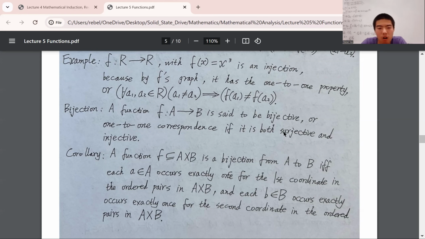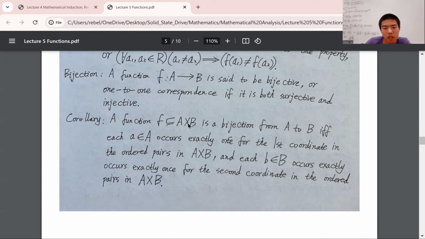So another corollary regarding these three definitions is: a function f belonging to set A Cartesian with B is a bijection from A to B if and only if each element A in set A occurs exactly once for the first coordinate, and exactly once for the second coordinate in the other pair.